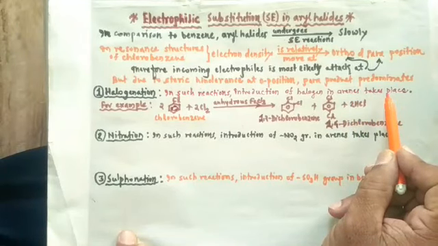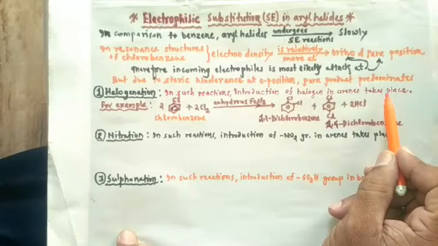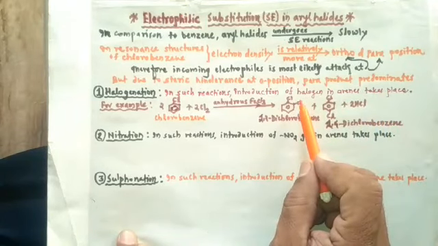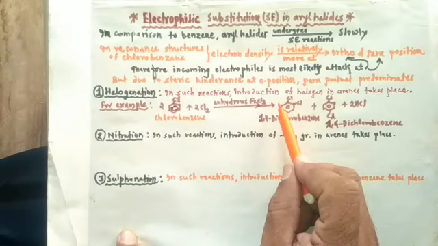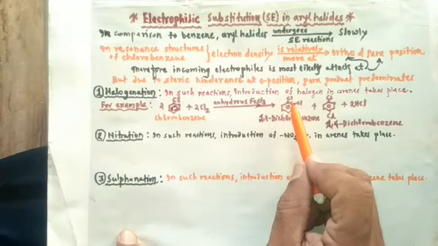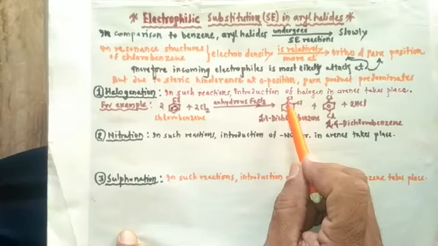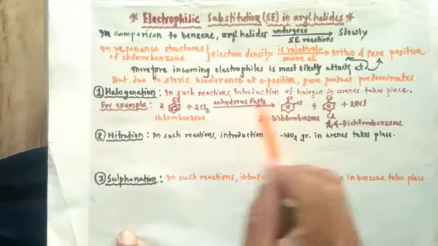So when haloarenes are reacted with a halogen, and the reaction is carried out in the presence of a ferric salt as a catalyst, it gives a mixture of ortho and para halobenzenes. Let's study one example.